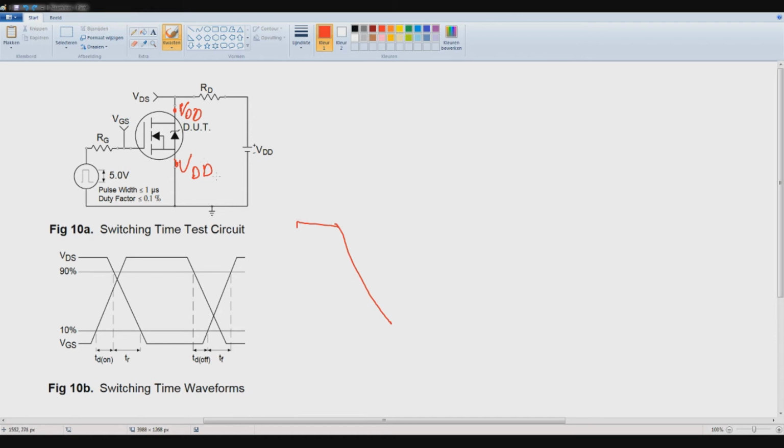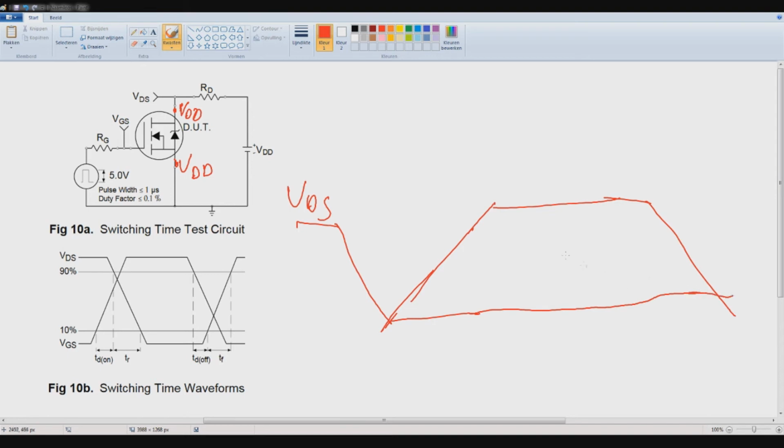And then when you accomplish that, you turn it on. For example, this is then your gate to source. And as you can see, this whole area is gone.